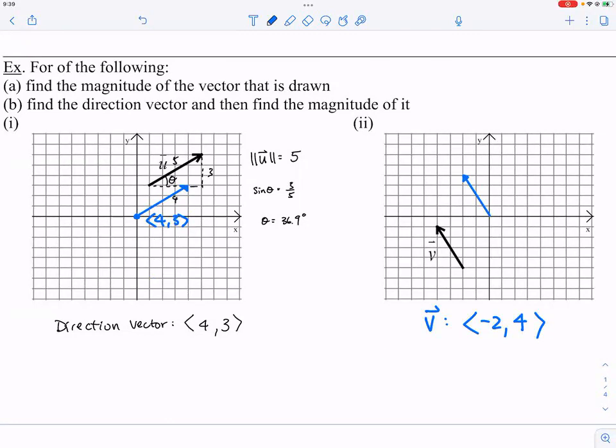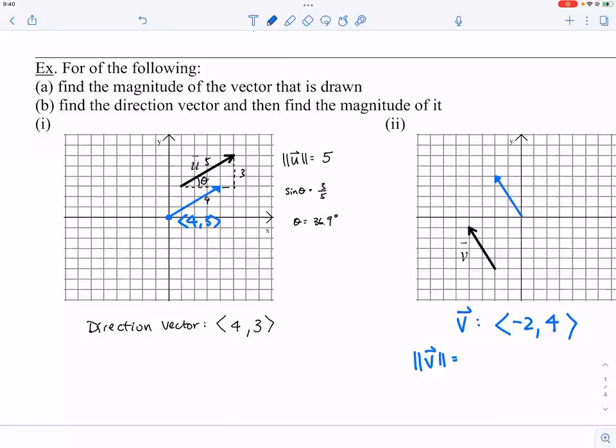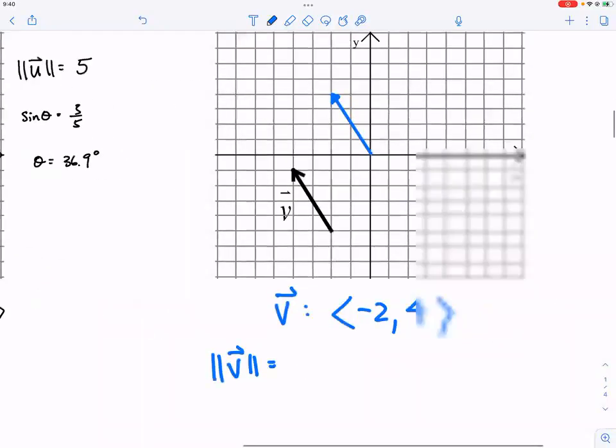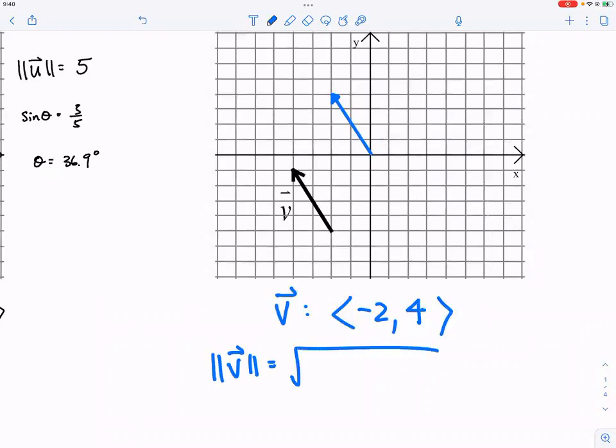If you want to find out the magnitude, just go ahead and use the Pythagorean Theorem to find negative 2 squared plus 4 squared, the whole square root.